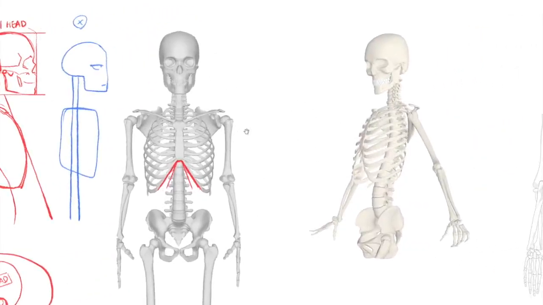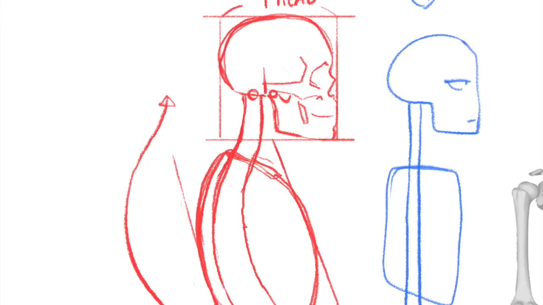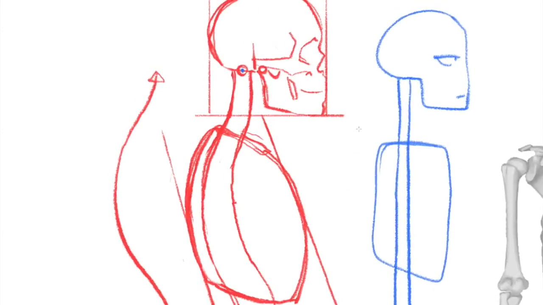What the spine does is hold the pelvis here to the rib cage here, and the head. And if you look here, it's making a curve. It's coming down from the anchor point of the skull here, which means the skull rotates around this anchor point. So always remember that the anchor point is right behind the ear.